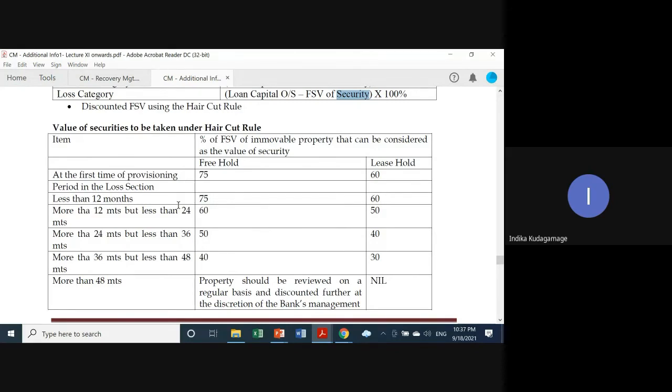But after December 2012, we started thinking about risk, right? This is risk-based provisioning. It is to your knowledge what is the risk of this customer. It is to the knowledge of the credit officer, what is the risk.